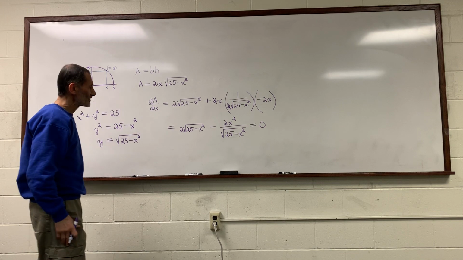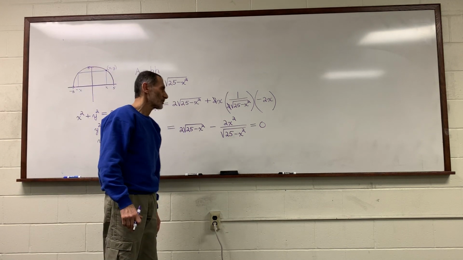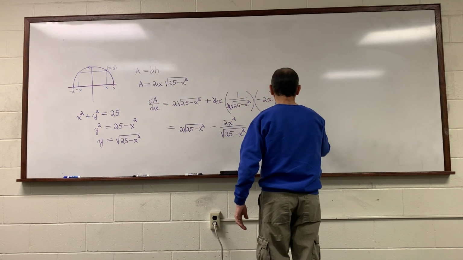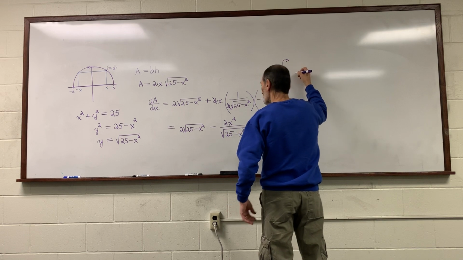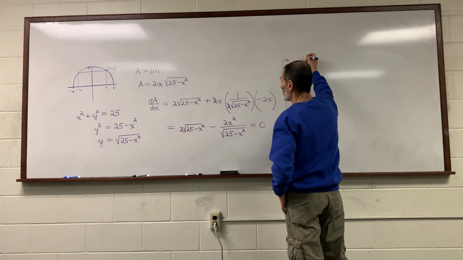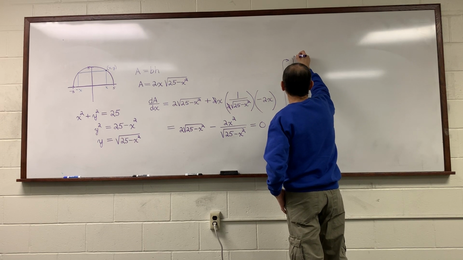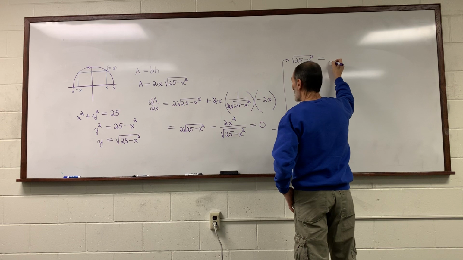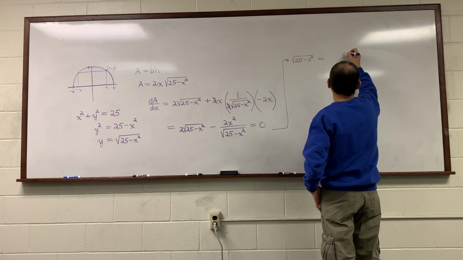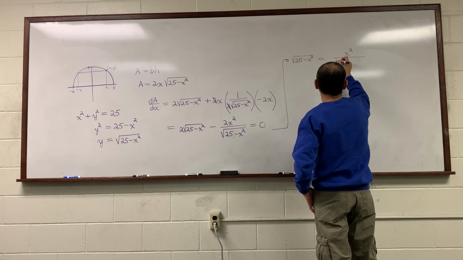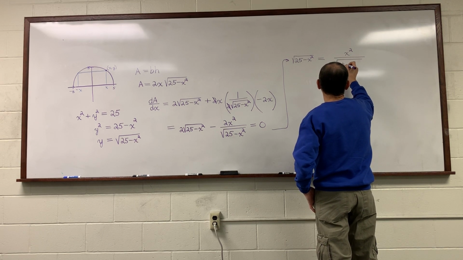Again, as we often see, we've got an a minus b equals 0, which means that a equals b. So let's move over. We can divide both sides by 2 and eliminate those 2's. So we have the square root of 25 minus x squared equals x squared over the square root of 25 minus x squared.